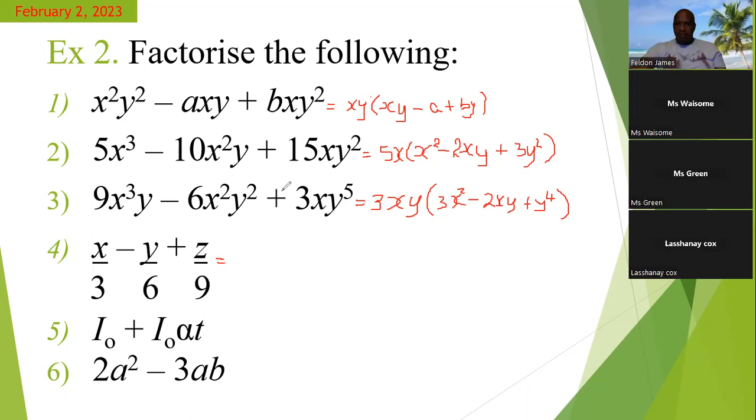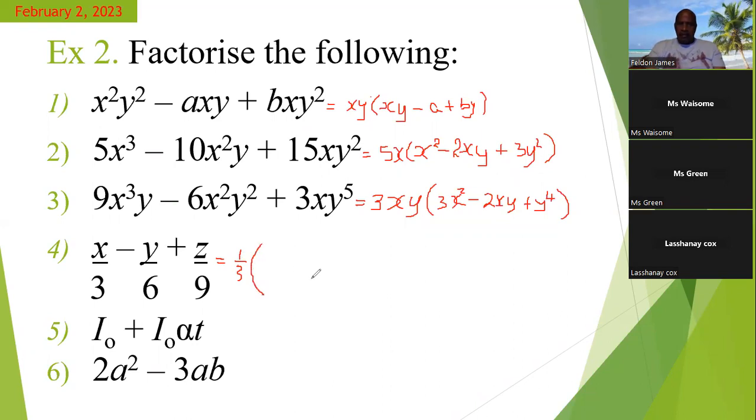Sir, I'll try, but I'm not sure if my approach is correct. All right. So the HCF that I came up with would have been 3 in the denominator. And I assume that since we know there's an imaginary 1 before each of the variables, the HCF in the numerator I placed as 1.